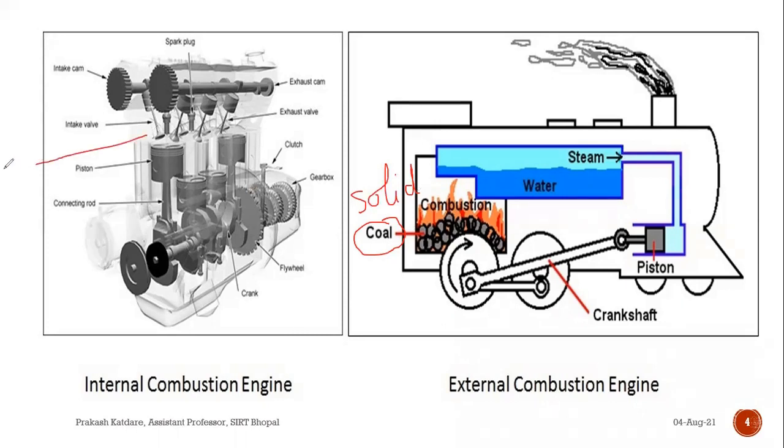But in IC engine, we either use the fuel petrol or diesel, or you can use CNG or LPG. LPG and biodiesel can also be used. So basically, in internal combustion engine, we can use the fuel in two forms only, either liquid or vapor. But in external combustion engine, you can also go for a solid form.